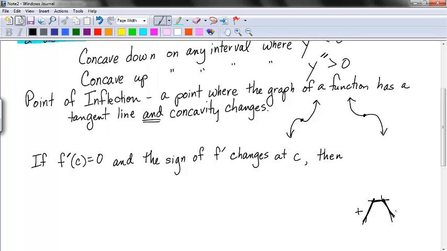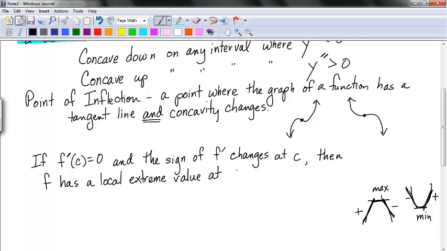So if it changes from a positive to a negative, you're going to have a max. If it changes the other way, from a negative slope to a positive slope, then you're going to have a min. Okay. So if the derivative is equal to 0 and the sign of your derivative changes at c, then the function has a local extreme value at x equals c.